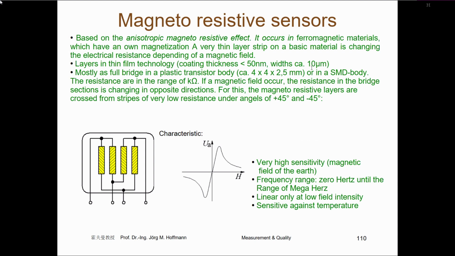And when you have a current through this, then you can set a magnetic field on, and you see the diagonal voltage, that is the output of this.